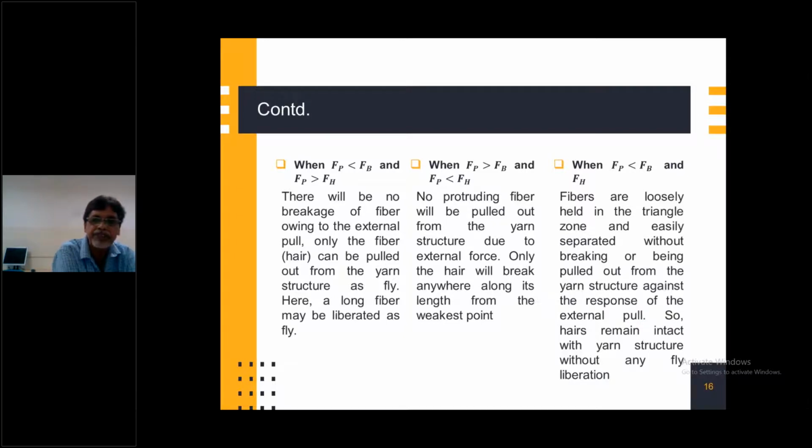If we can collect the flies, they may not be useful for the spinner, because flies of less than 10 millimeters may not be useful for spinners. But these flies can be reusable, even though they create an environmental problem.